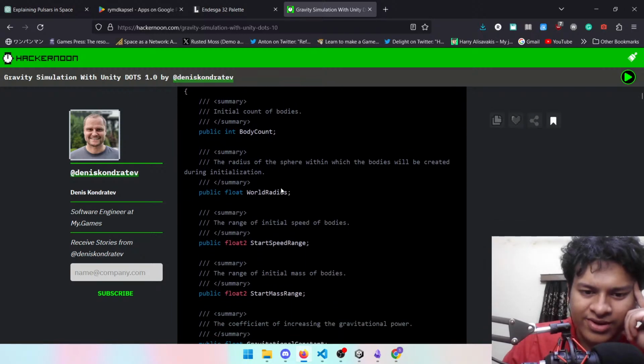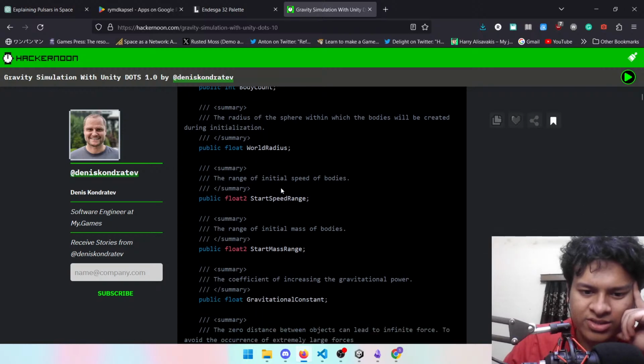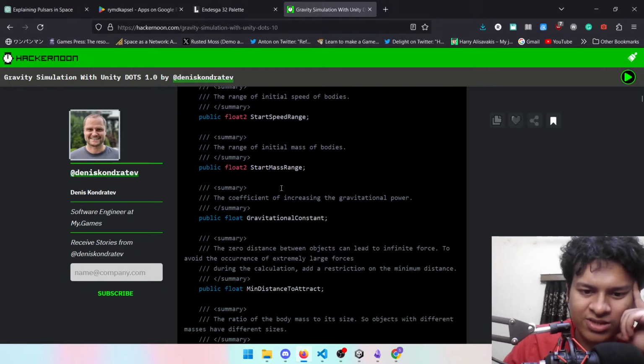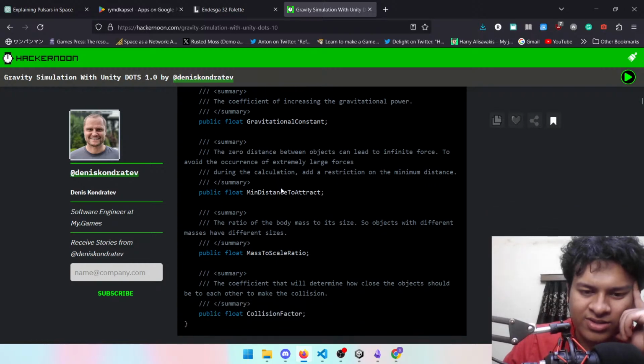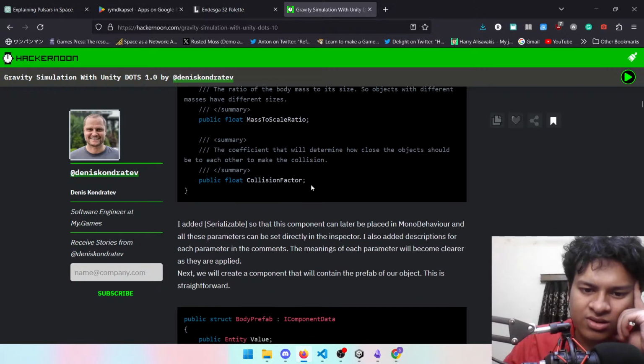Body count, world radius, start speed range, start mass range, gravitational constant, min distance to attract, mass to scale ratio. The zero distance between objects can lead to infinite force. To avoid the occurrence of extremely large forces during the calculation, add a restriction on the minimum distance.